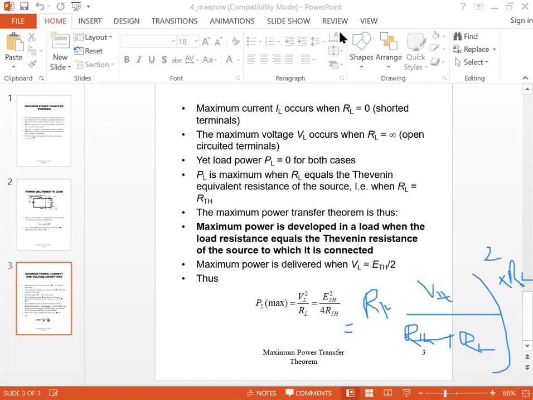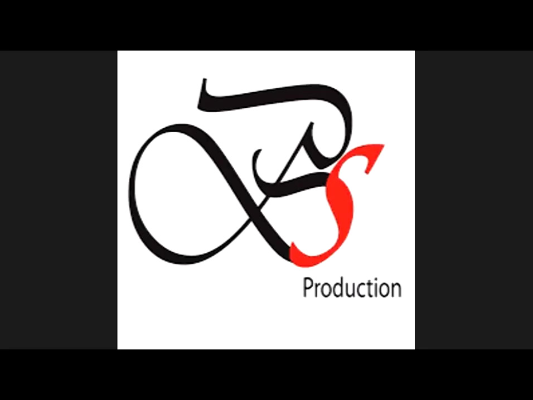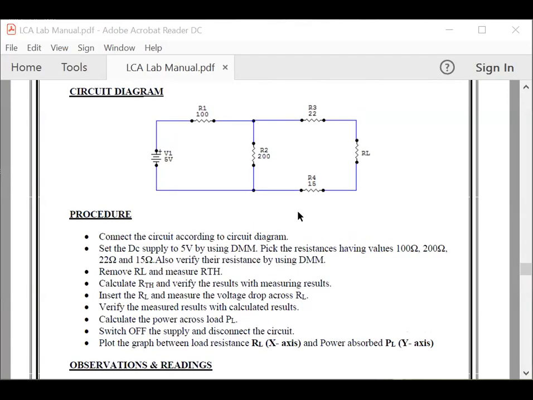So finally, our lab is... so this is our circuit diagram.